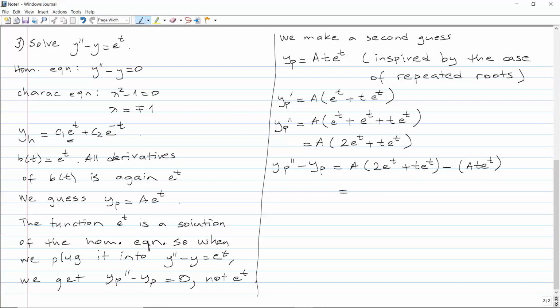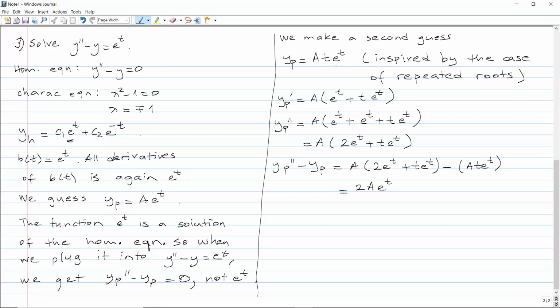A times t e to the t minus a times t e to the t. So we get only 2a times e to the t. You see what happens. When you multiply e to the t with t, when you take the derivatives, you get an extra e to the t. If you just consider the function e to the t, the first derivative and the second derivative will be, again, e to the t.